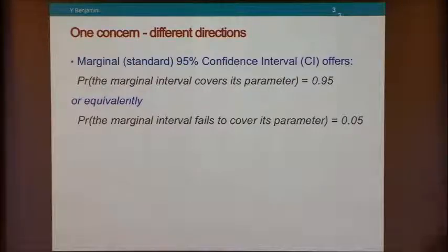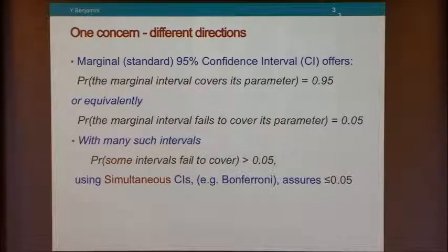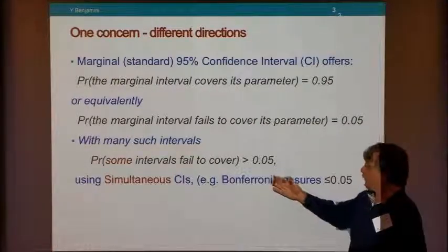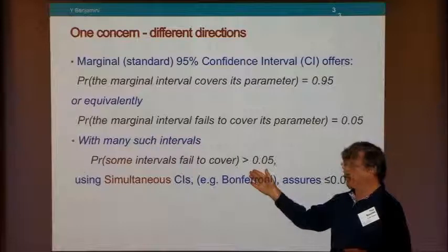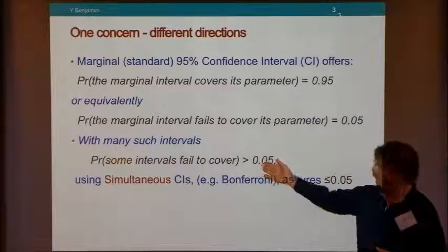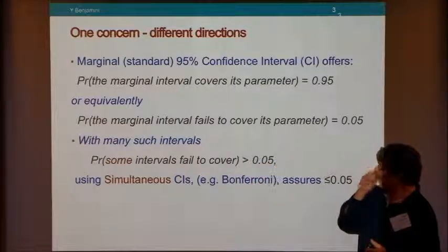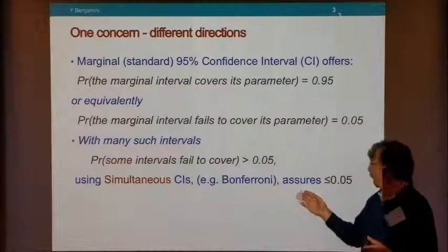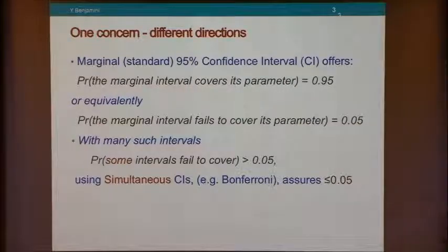This is for a single confidence interval made on a single parameter. Now, with many such intervals, the probability that some intervals will fail to cover increases to above 0.05. Using simultaneous confidence intervals simply assures that for all of them together, it will be less than 0.05. So far, there is nothing new.